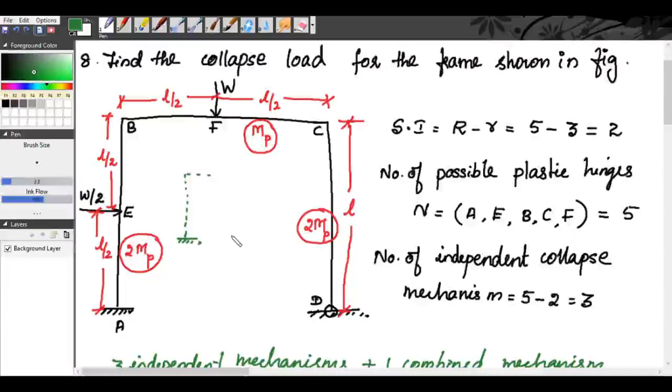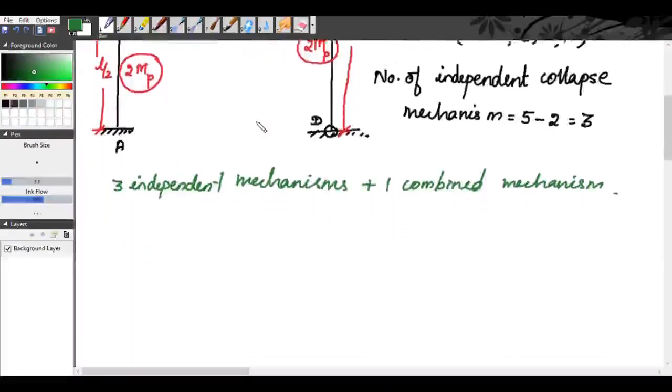We will take each mechanism one by one. Remember, for the columns the plastic moment is 2 MP, and for the beam the plastic moment is MP. So we will move on to our first mechanism.